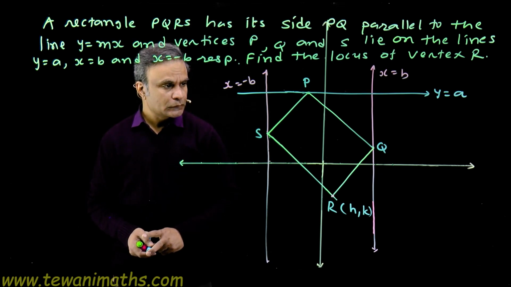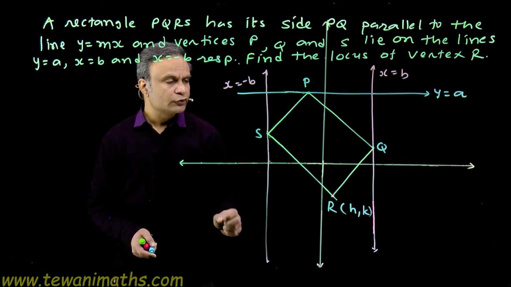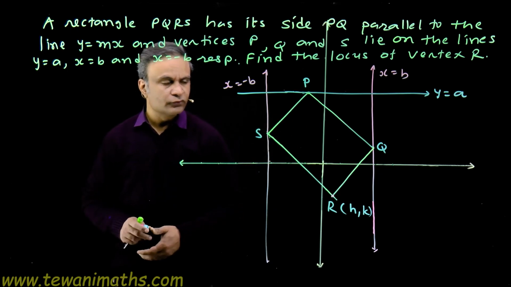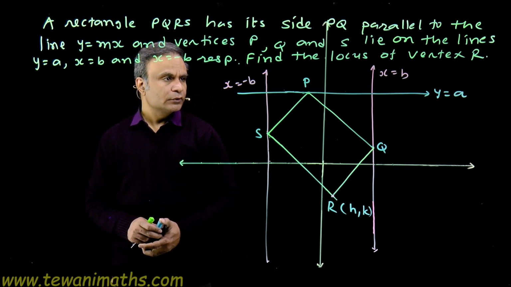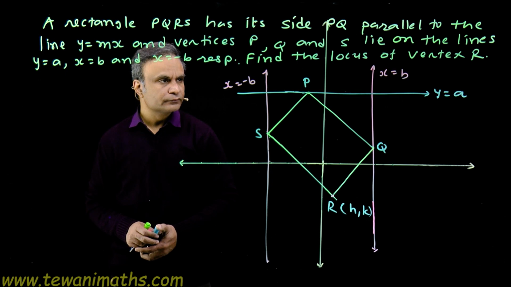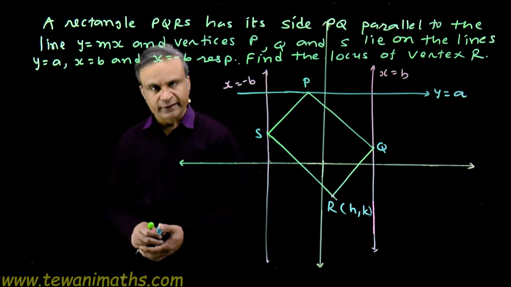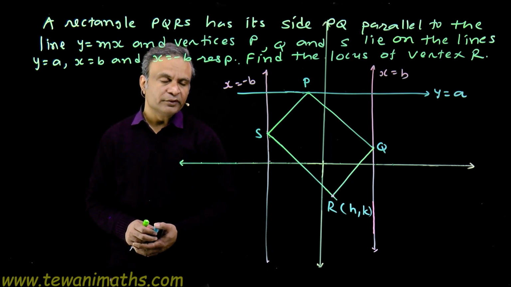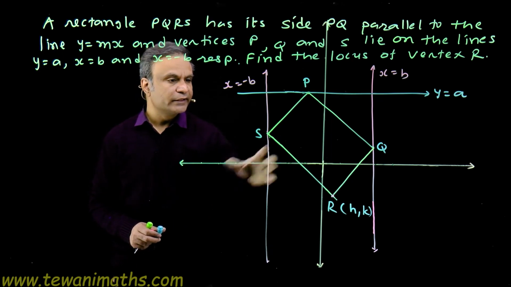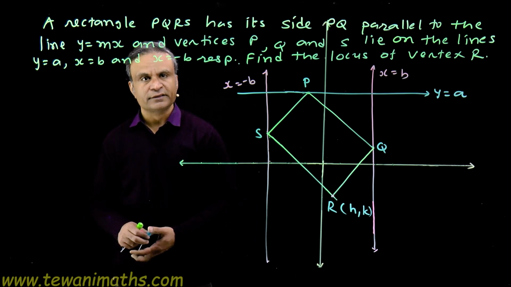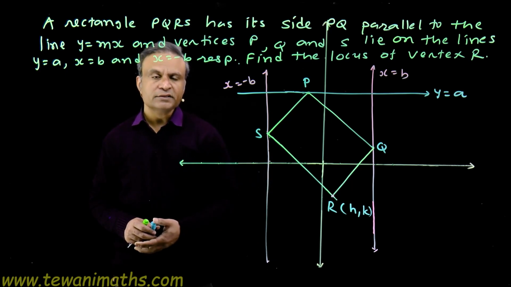Okay. Now here the geometrical figure rectangle is involved. So we must use the properties of a rectangle so that we can confirm that PQRS is a rectangle. हम रेक्टेंगल की प्रॉपर्टीज यूज करेंगे जिससे ये कंफर्म हो जाए कि PQRS रेक्टेंगल है. Now a rectangle is a parallelogram.